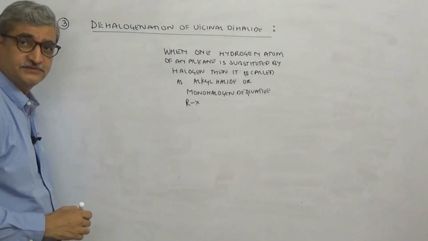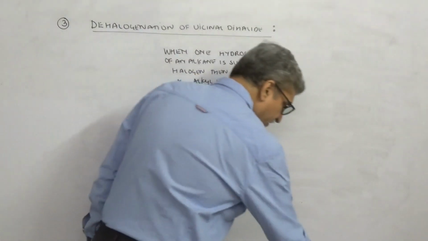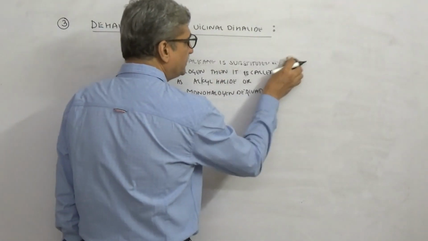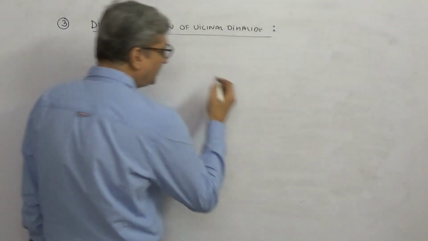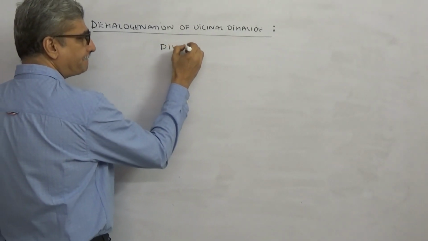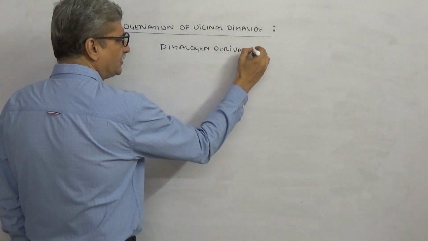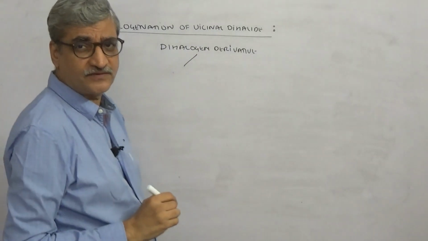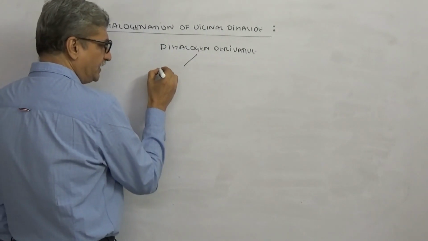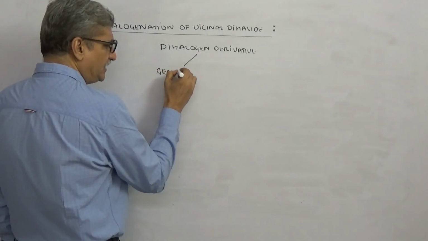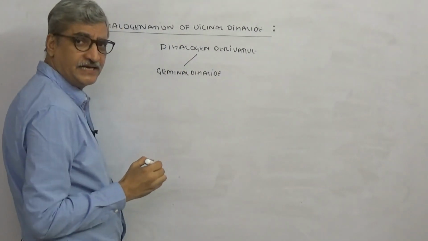Now the question arises: if two hydrogens are removed, then they are called a dihalogen derivative. When you talk about a dihalogen derivative, the question is where you have removed the hydrogens from. If you have removed both hydrogens from the same carbon atom, then this is called a geminal dihalide. So what is a geminal dihalide?